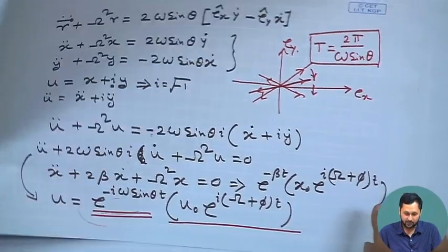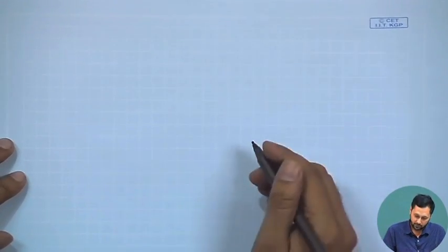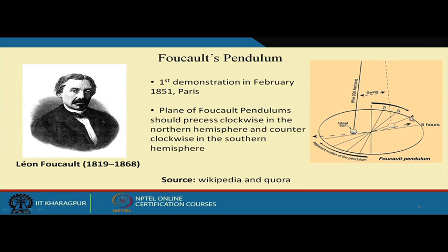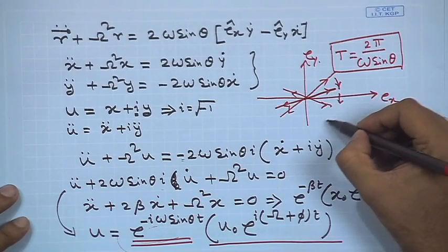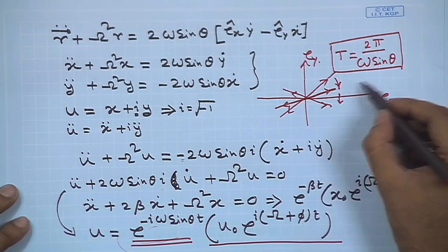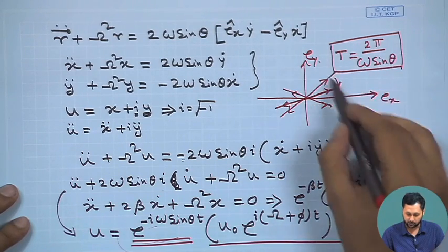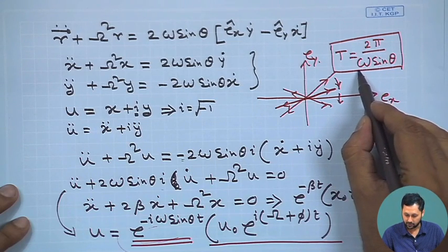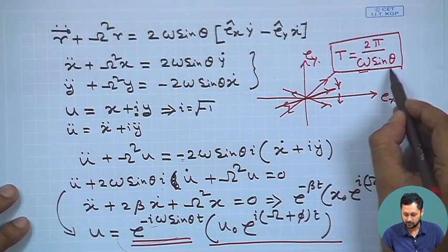So, we see that the plane of the pendulum is not fixed. If we go back to this figure now, we see that the plane of the pendulum is not fixed, as was demonstrated originally in the Foucault pendulum experiment, and it also rotates in a certain direction. And now, if you come back to this formula, if we can somehow measure the rotation of the plane as a function of time, then from this we can find out this time period, and from this we can calculate omega, knowing that theta is the latitude.